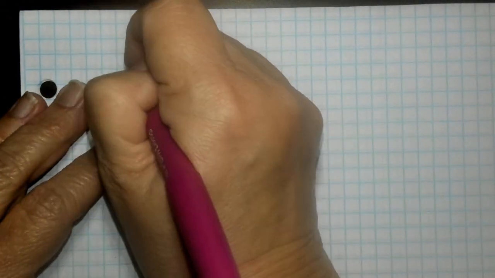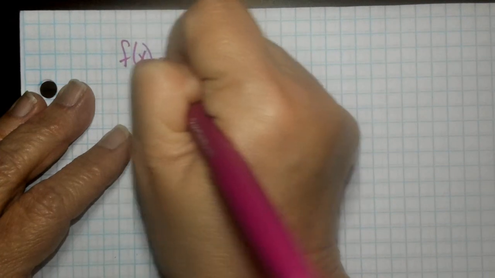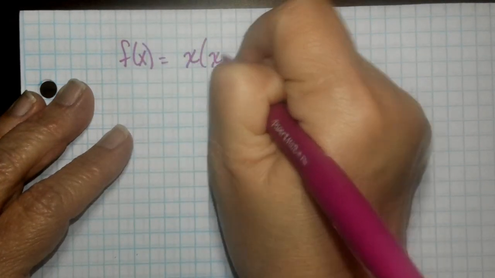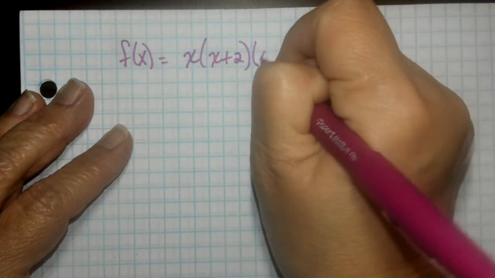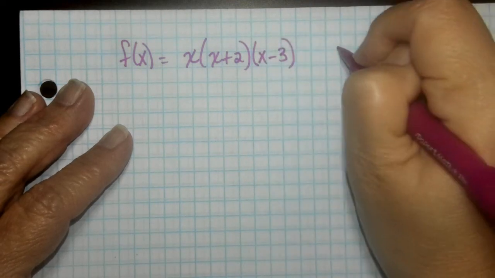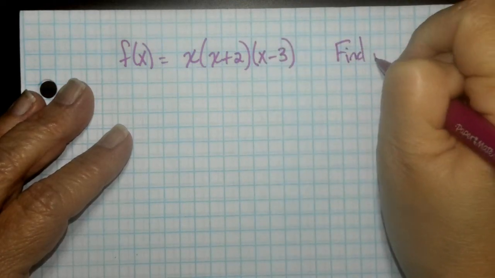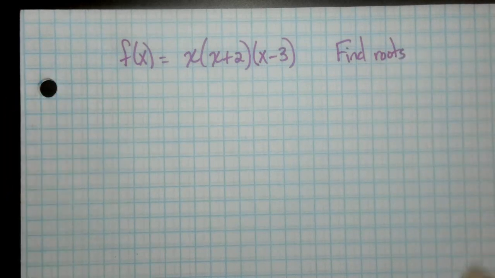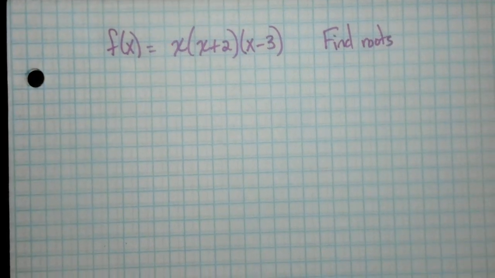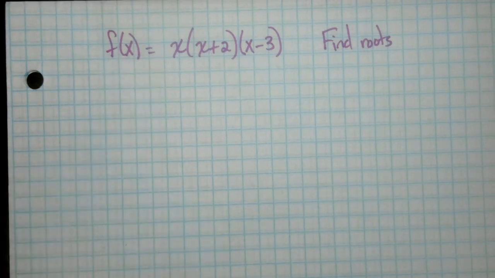Maybe. I don't know. So let's say f of x equals x times x plus 2 and x minus 3. Find the roots, or find the zeros. So the roots, the zeros, that's when the output is 0. Right?